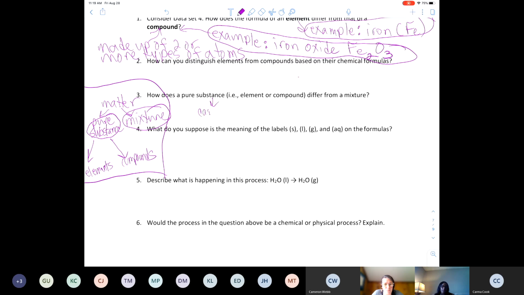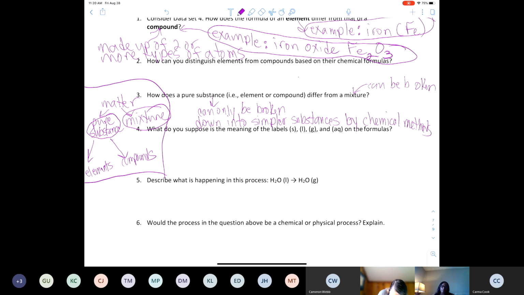So a pure substance can only be broken down into simpler substances by chemical means, whereas a mixture can be broken down into simpler substances by physical methods.